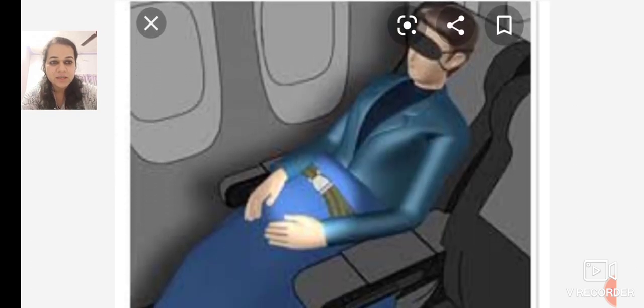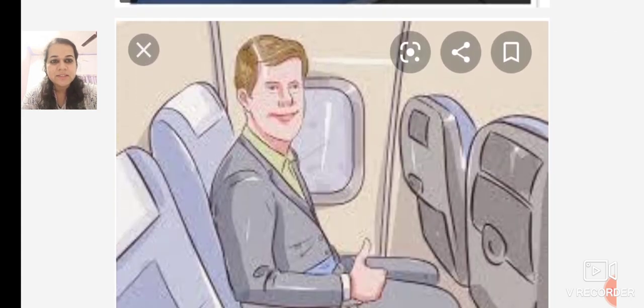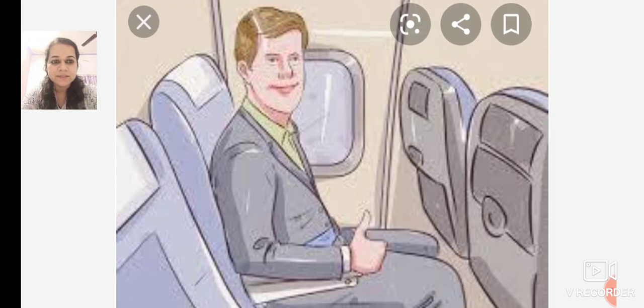As you can see in the image, this is the seat of the aeroplane and the belt has been tied to a passenger so that they don't move or fall from the seat when the airplane takes off or when the airplane is ready to land. During takeoff and landing, you have to tie the seat belts which are there in the seat. That's why it is known as seat belts.